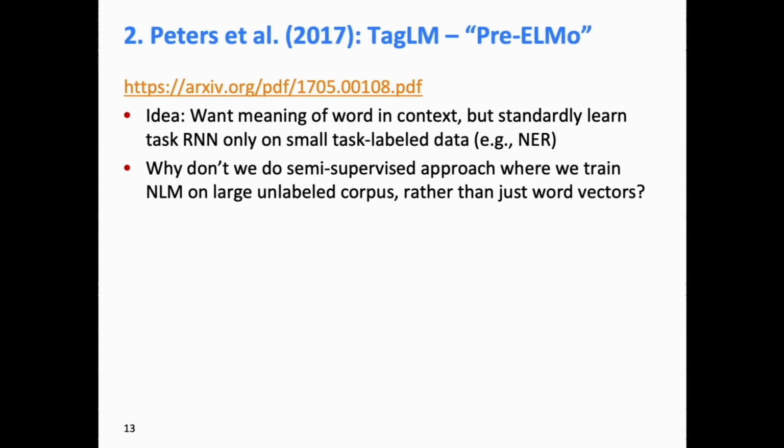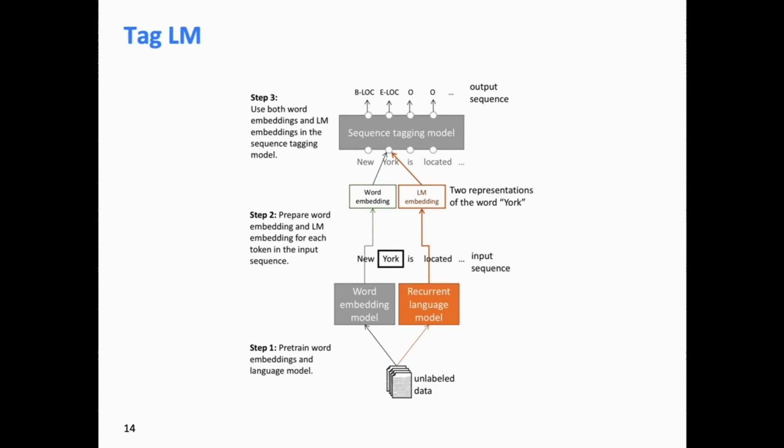What was wanted was to do better at tasks such as named entity recognition, and what we'd like is to know about the meaning of a word in context. But standardly, if we're doing named entity recognition, we just train it on 500,000 words of supervised data, and that's not much of a source of information for learning about the meaning of words in context. So why don't we adopt a semi-supervised approach? That's what we do.